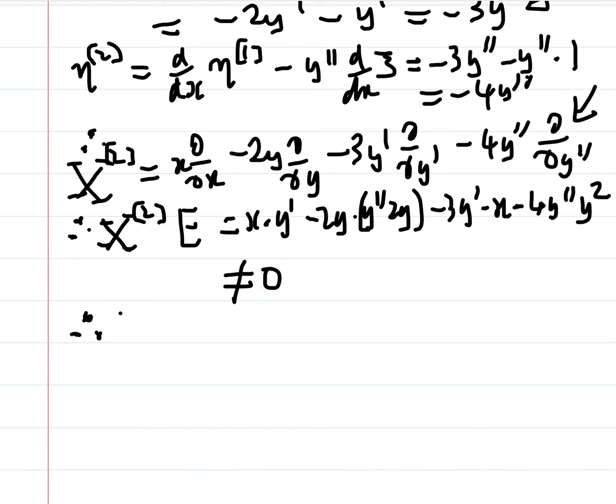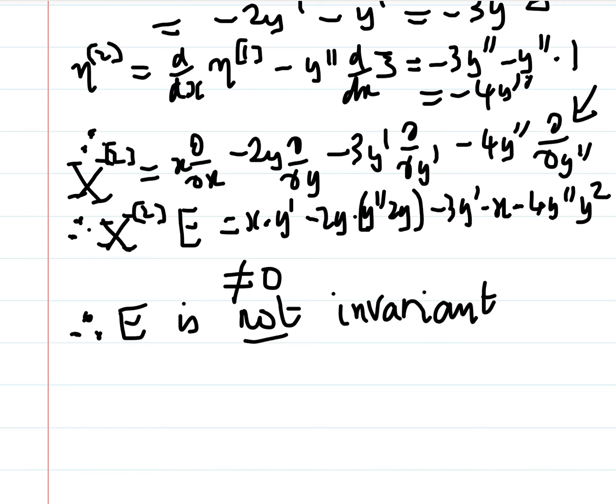Therefore, e is not invariant. It's not an invariant function. It's not invariant under this vector field x. We don't say x2, we just say x. If it was equal to 0, e is an invariant function. So now we have dealt with functions containing derivatives, where we assume one variable is a function of another variable.